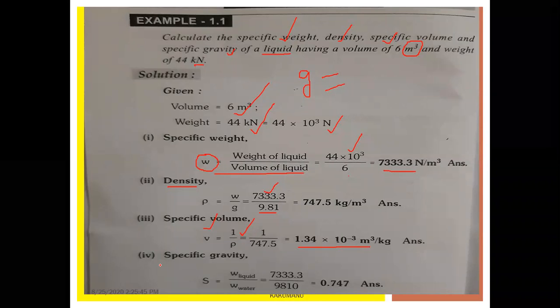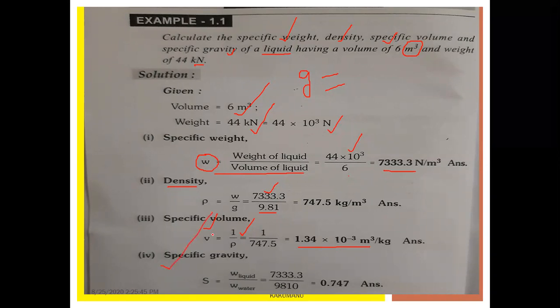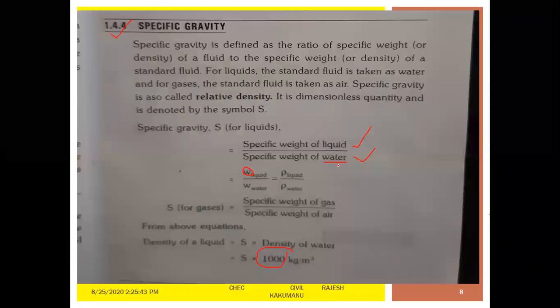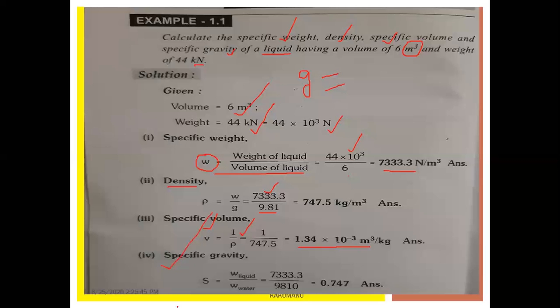Next, the last one is specific gravity. Specific gravity S is equal to weight of the liquid by weight of the water. Apply this formula at this point. Now what is the weight of the liquid? The weight of the liquid is 7333. Then what is the weight of the water? 9810.